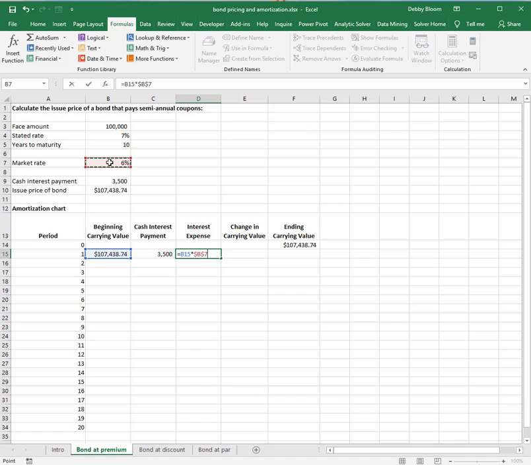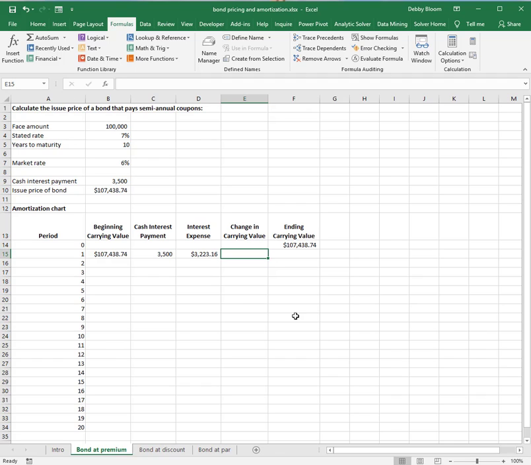Then I'm going to divide that by 2 to calculate my interest expense the first period. So we see that my interest expense is $3,223.16.